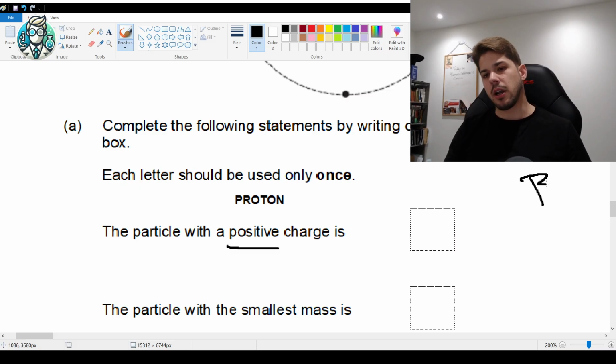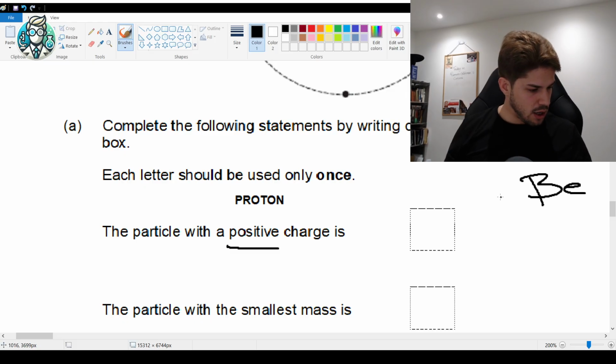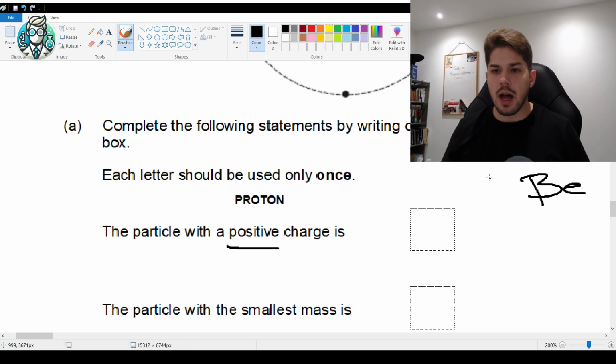You need to look at beryllium, and I believe beryllium has atomic number 4, but let me double check. Yes, 4 and 9. So 4 and 9.